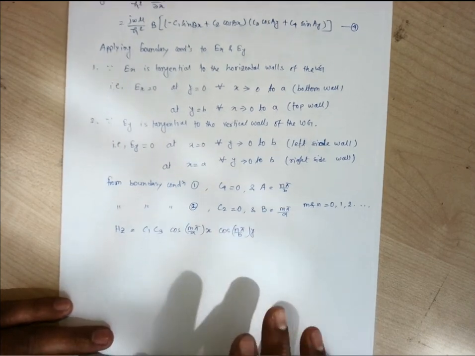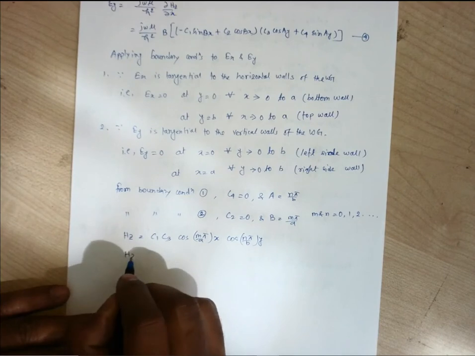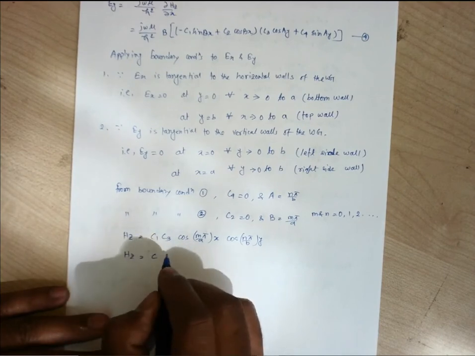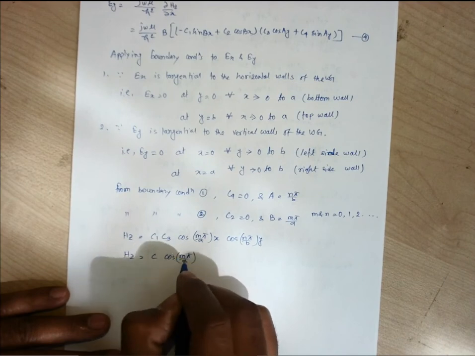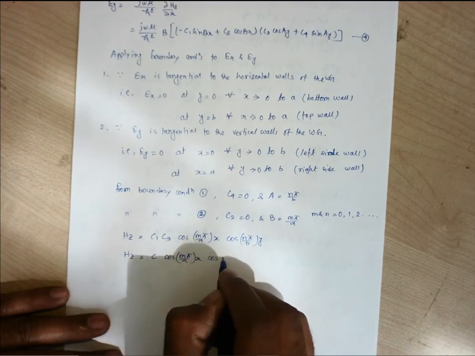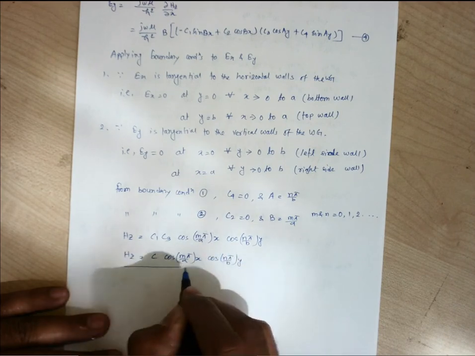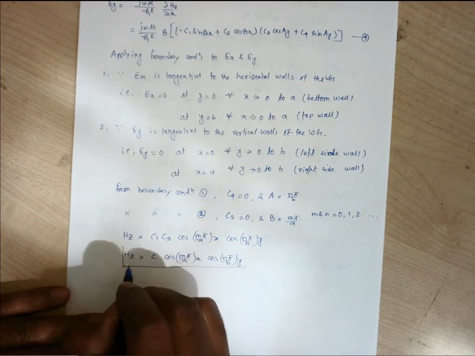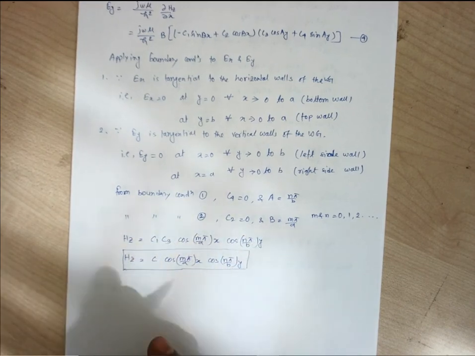So c1 c3 is considered as a single constant c. So this Hz finally is c into cos m pi by a x into cos n pi by b y. So this is our Hz.